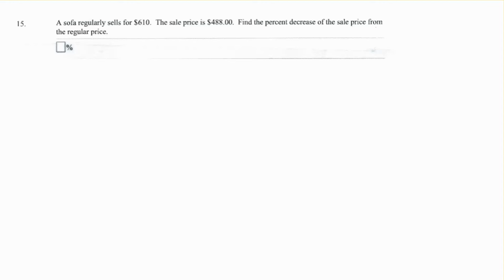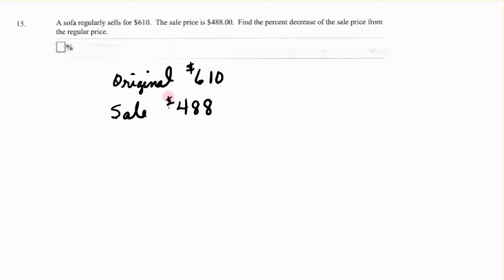A sofa regularly sells for $610. So the original price is $610. The sale price is $488. Find the percent of decrease.